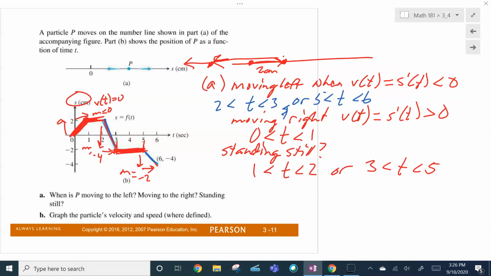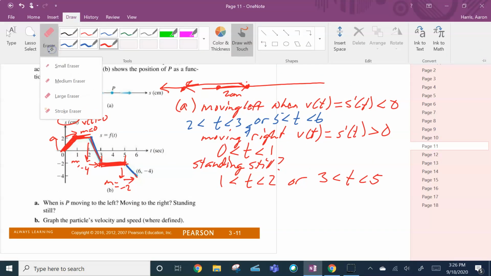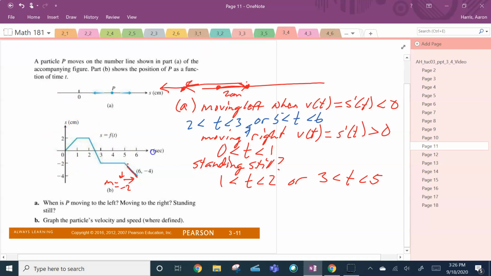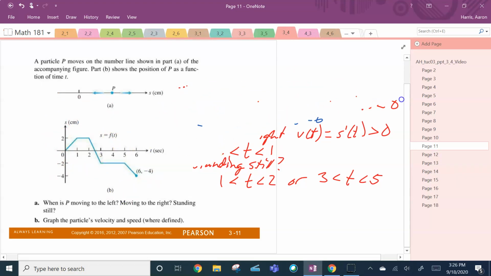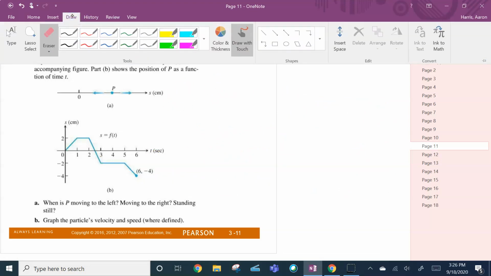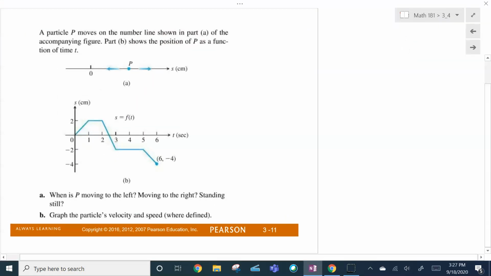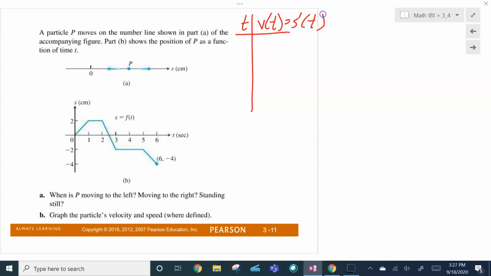Now, part B, graph the particle's velocity and speed. I better clean this up a little bit. Alright, so let's do t and v of t, which is the same as s prime of t.